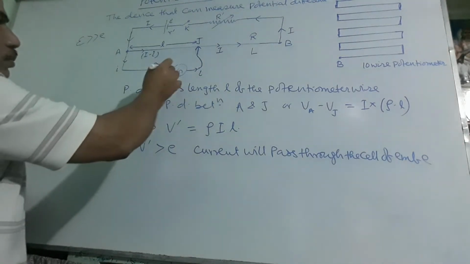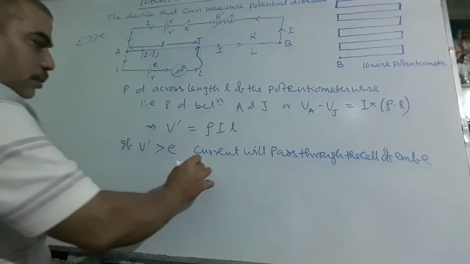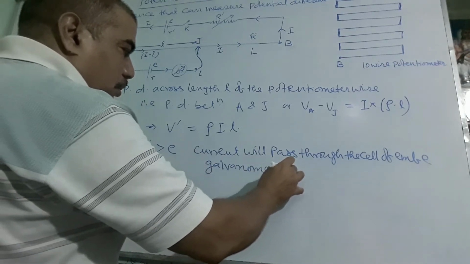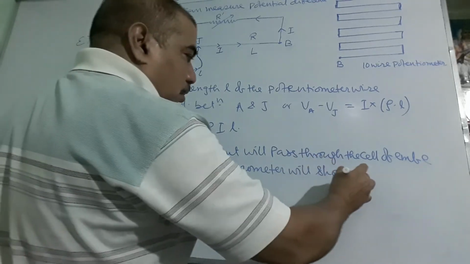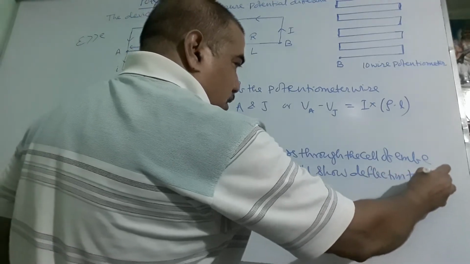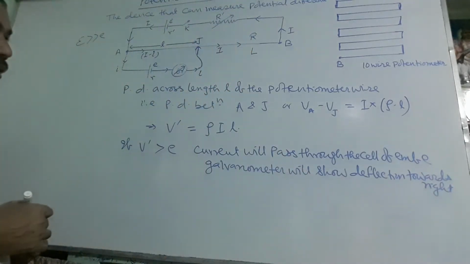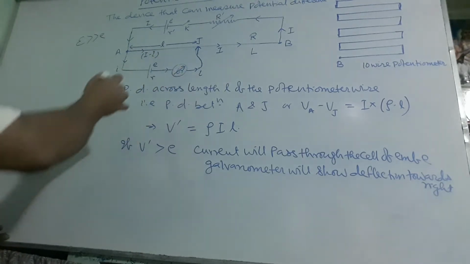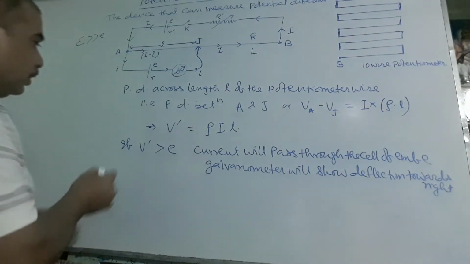And if current is passing through this one, the galvanometer will show right side deflection, towards right. We have connected it the correct way, if the positive terminal of galvanometer is this side and negative is that side. So then only.